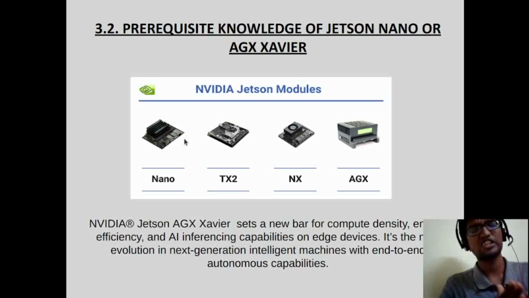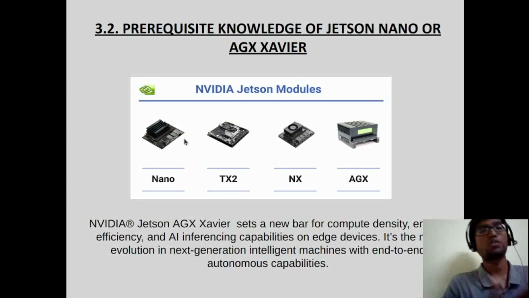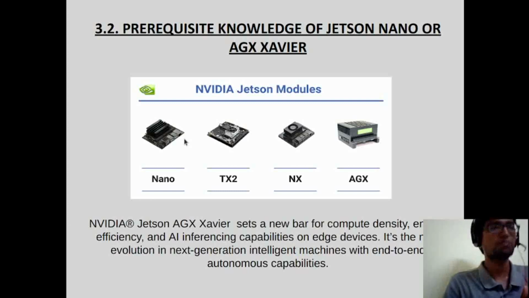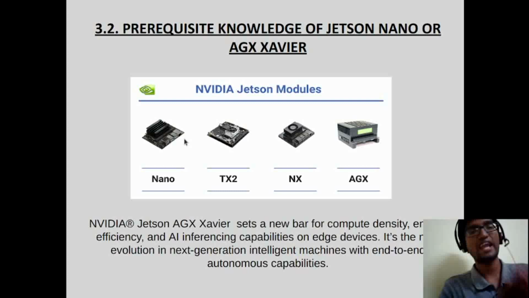Jetson Nano is enough for this project, because this is a face recognition based attendance system. In reality, Jetson Nano is enough, but at the moment I have an AGX device, so I am using AGX.